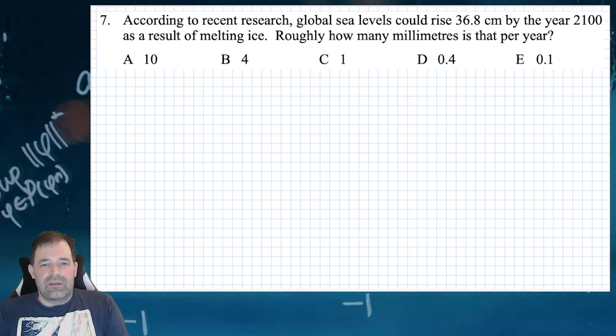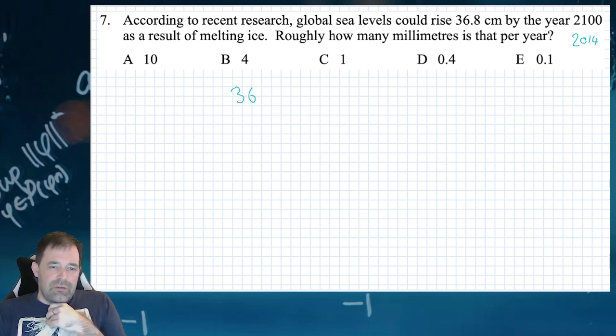According to recent research, global sea levels could rise 36.8 centimetres by the year 2100. Now, this was done in 2014, so you're looking for 86 years. Roughly how many millimetres is that per year? So we're going to do 368 millimetres divided by how many years there are, and there are 86.